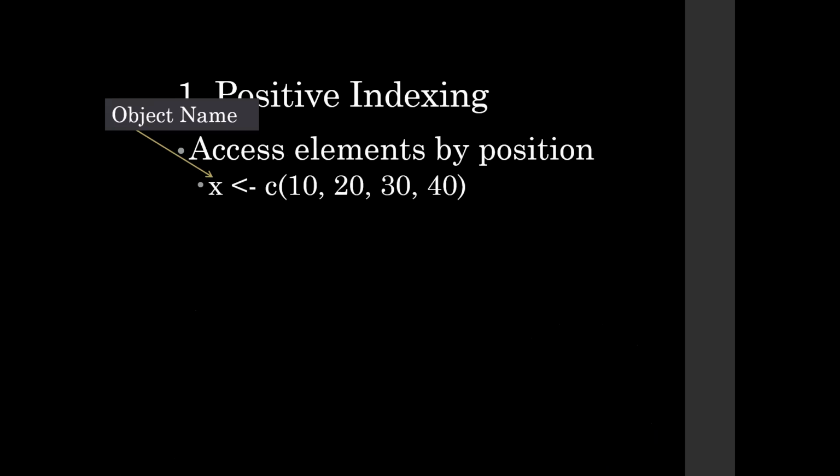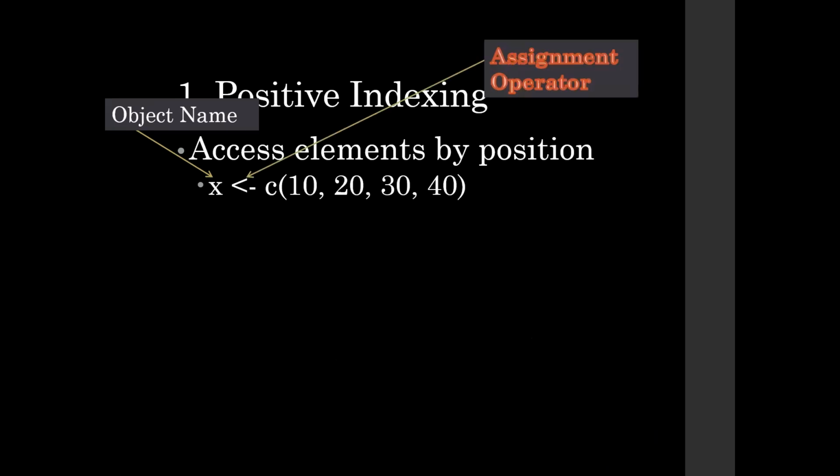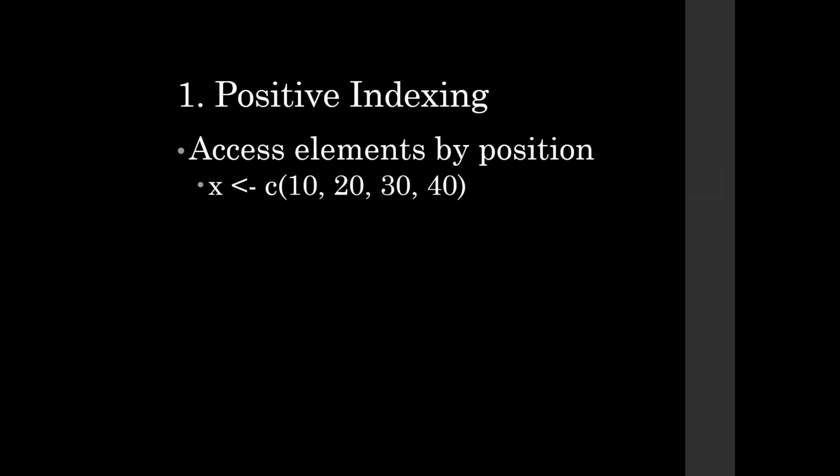Here, x is the object name, and <- is an assignment operator, and the vector which combines the various numerical values using the function c is called the assignment. Now, the index or position of various elements is being shown. 10 is the first position and 40 is at the fourth position. So remember that the indexing in R starts from 1.